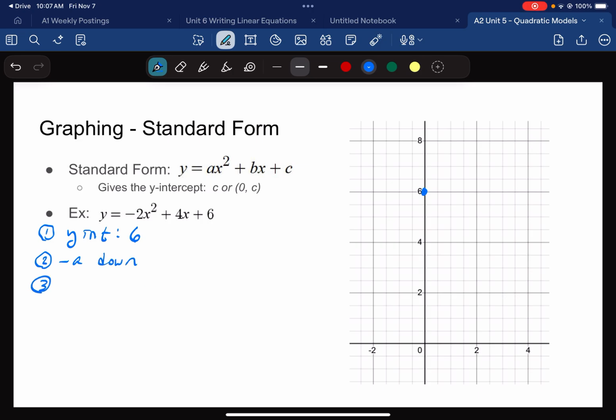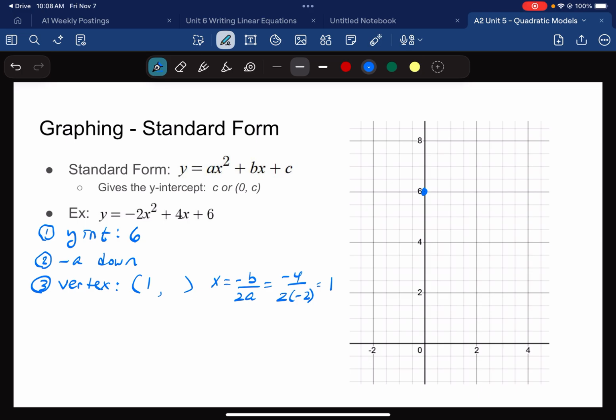The third thing I want is the vertex. The vertex is an ordered pair, x and y, and to get the x, we say negative b over 2a is the value of x, or the opposite of b. So the opposite of b would be negative 4 over 2, and a is negative 2. So this is negative 4 over negative 4, which is 1.